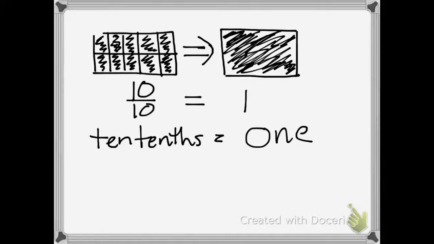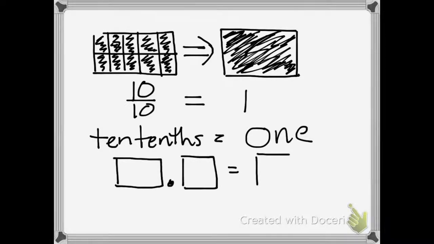Okay. If we're thinking about that in place value, we have our ones place, we have our tenths place. Here we would have our ones place, and here we would have our tenths place. We see 10/10s here.